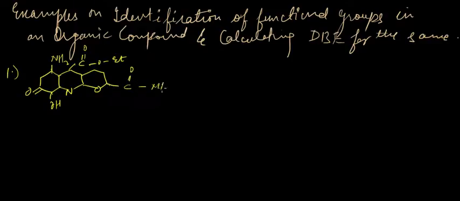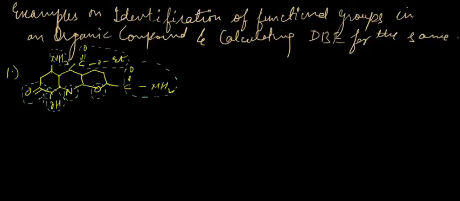So for this case, how many functional groups are there in this compound? As you can see, this is a keto group, this is an alcohol group, this is a secondary amine, this is an ether, this is an amide, this is an ester, and this is a primary amine.